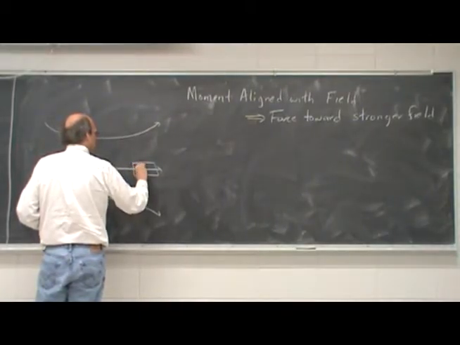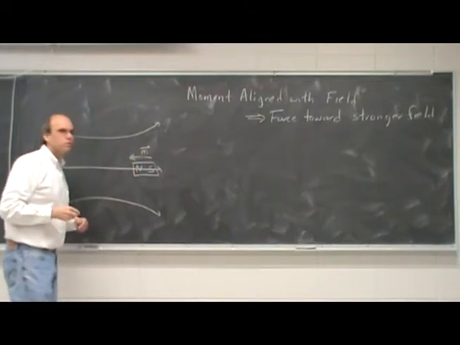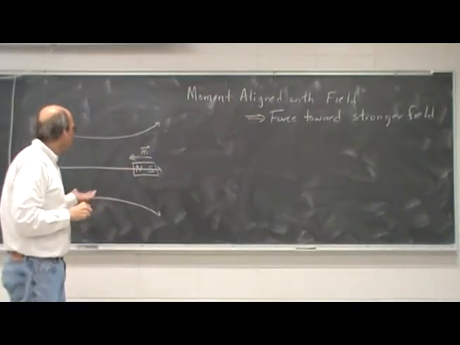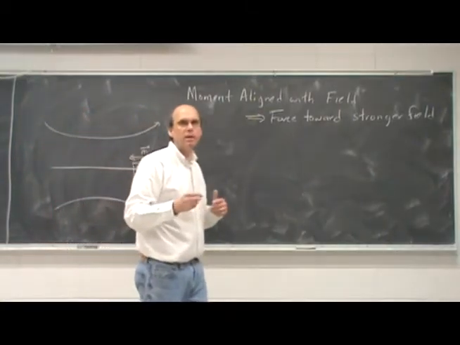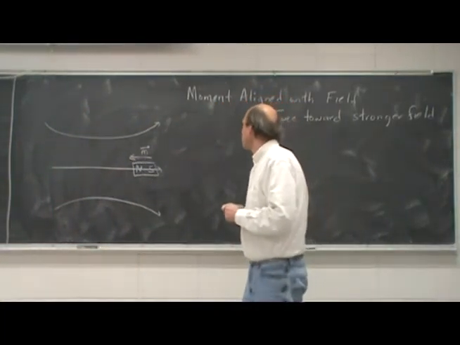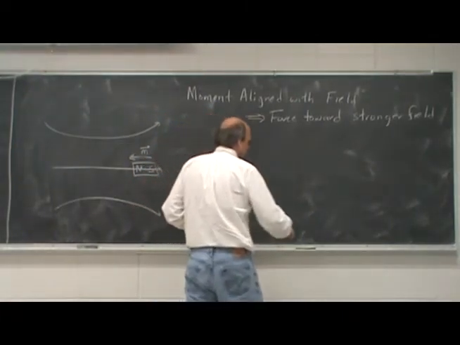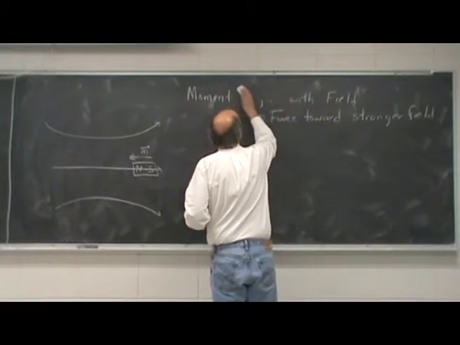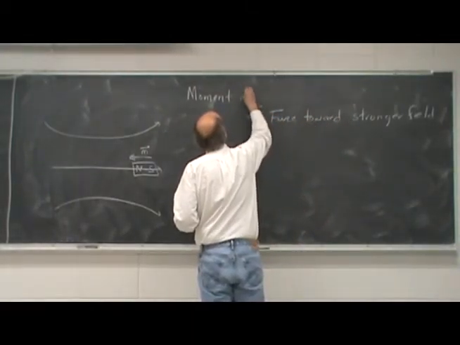And now the moments will have to point the other way. And like I said, if we just set this up, the thing would immediately start rotating. So we'd have to put it in a tube or something, which is what we actually do when we use this. So, a moment in the opposite direction of the field.